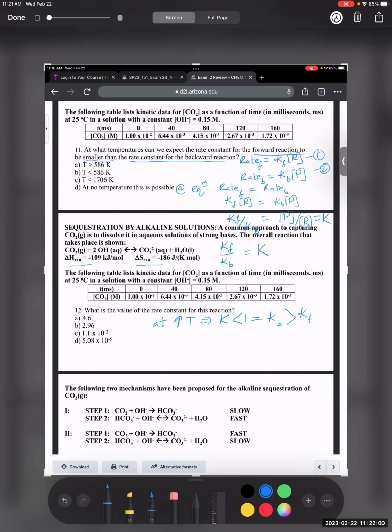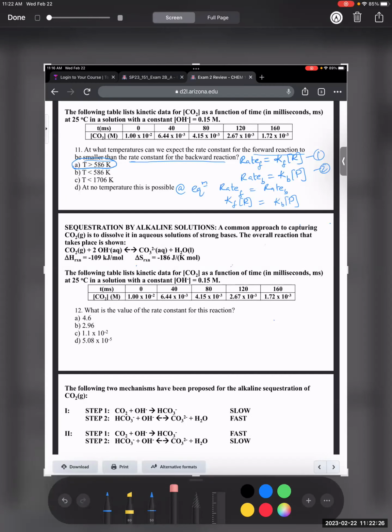So it should be temperatures greater than 586, which is going to be option A. All right, now I'm going to erase some of this so that I can make room for the other ones. I'm going to leave the rest there.